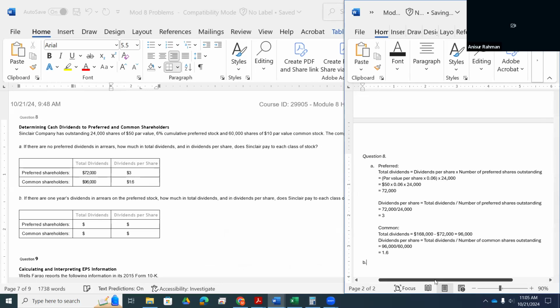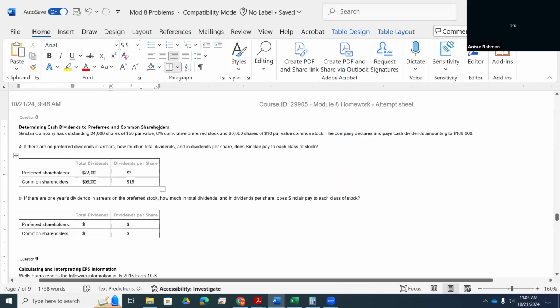So for part B, if there are 1 year's dividends in arrears on the preferred stock, so that basically means preferred stockholders were not paid dividends in the last year. How much in total dividends and in dividends per share does Sinclair pay? Now, remember or note that in the question, it says 6% cumulative.